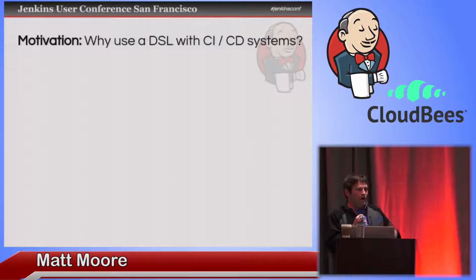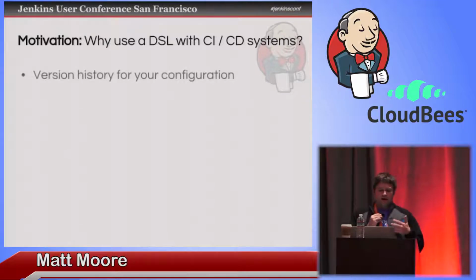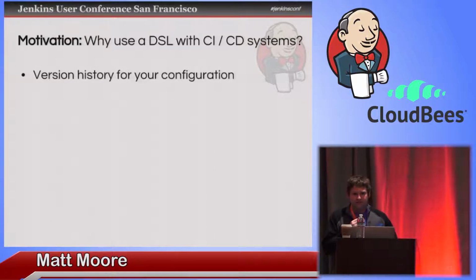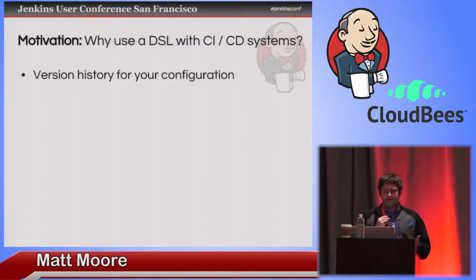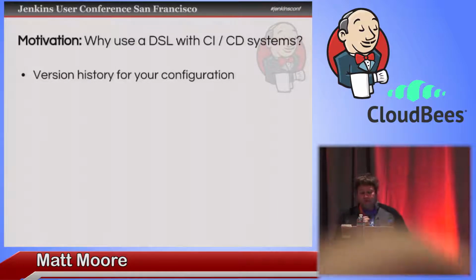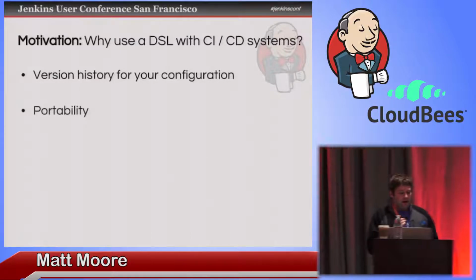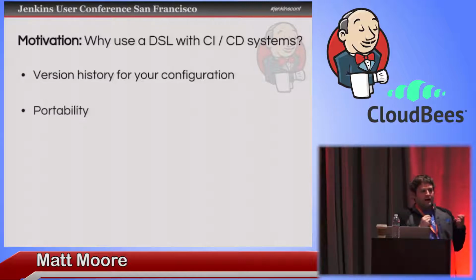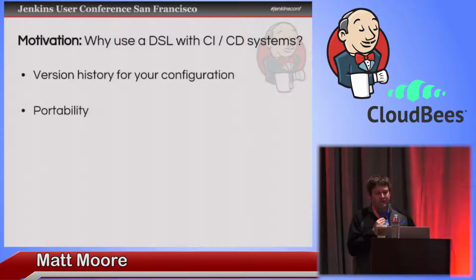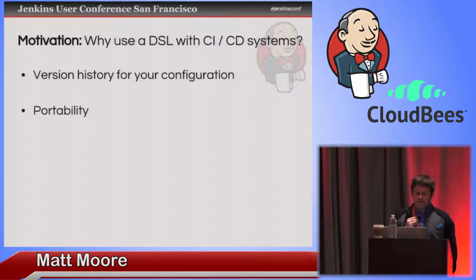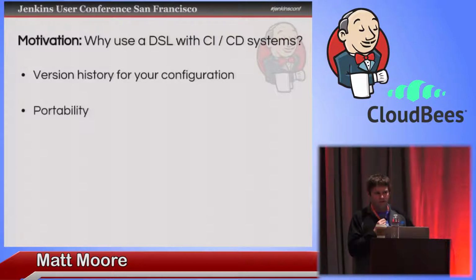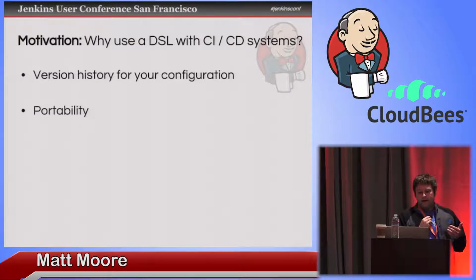Okay, so why would you want to use a DSL with a CI or CD system? Version history for your configuration: the ability to see who made what changes, roll back when you break things, as well as basic code review of your job configuration. Portability: say I want to fork a repo and set up my own CI for that setup, being able to get that up quickly, even for complex setups.